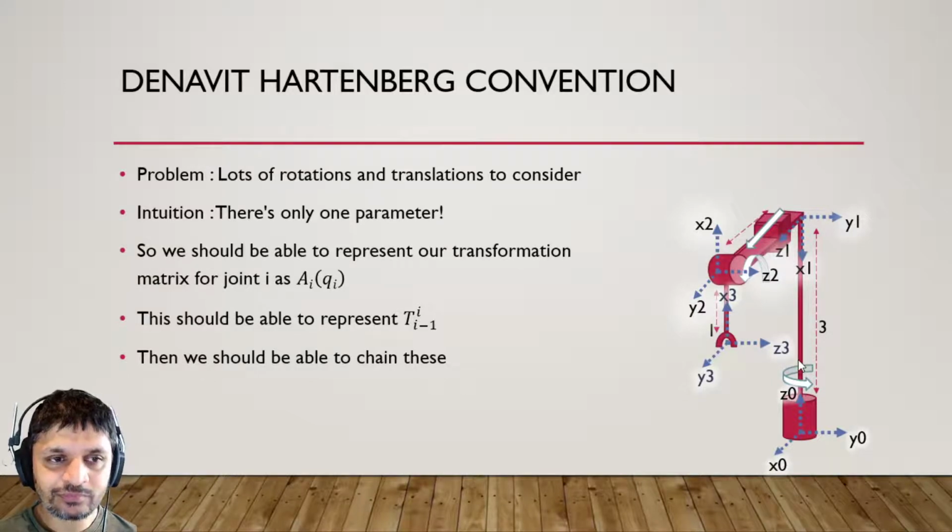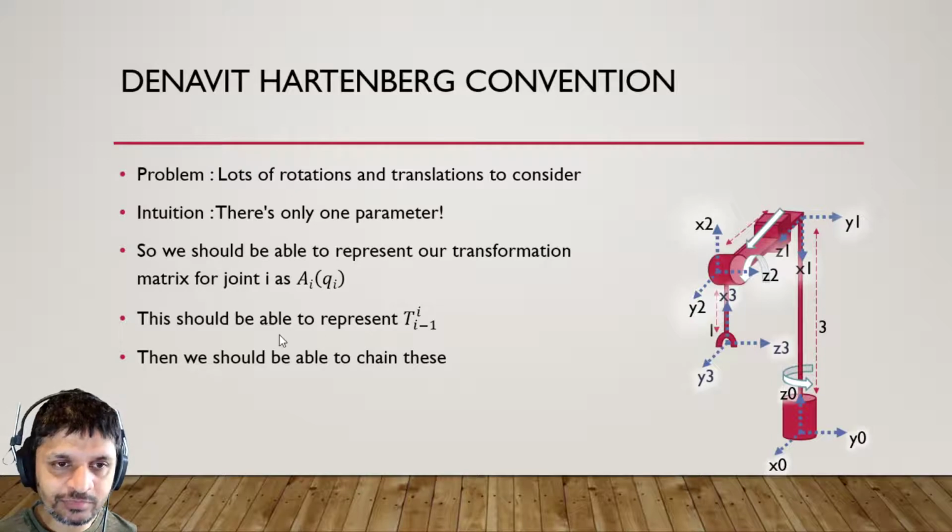So there's only one parameter that defines what the transformation matrix should look like. We should be able to represent our transformation matrix as A subscript i of q_i, where q_i is the parameter for that joint. So if that joint is at 40 degrees, then q_i is 40 degrees, and A_i is the transformation matrix.